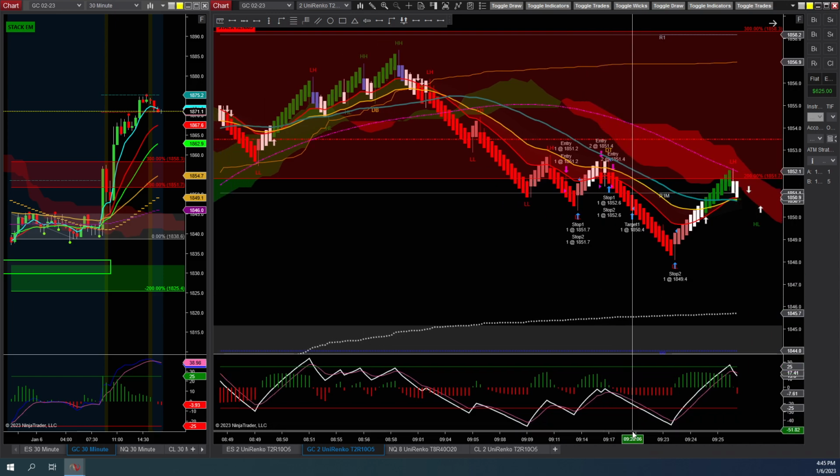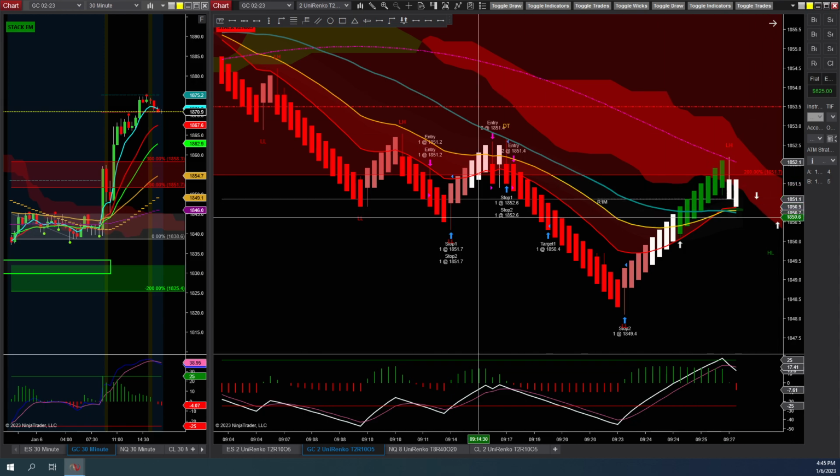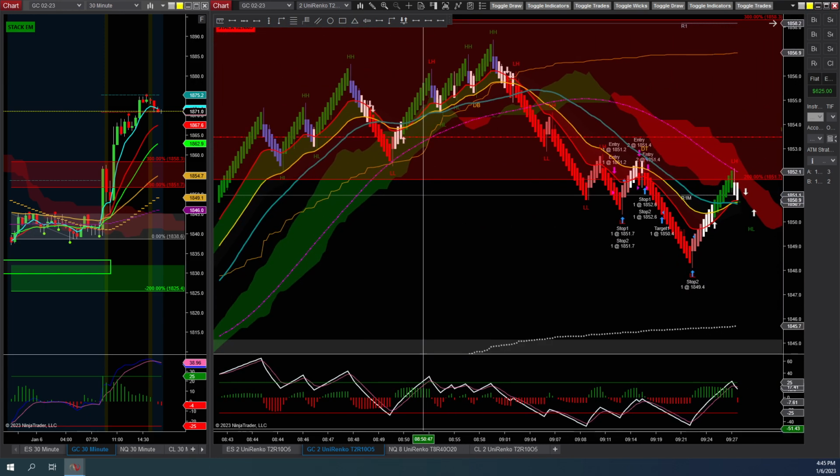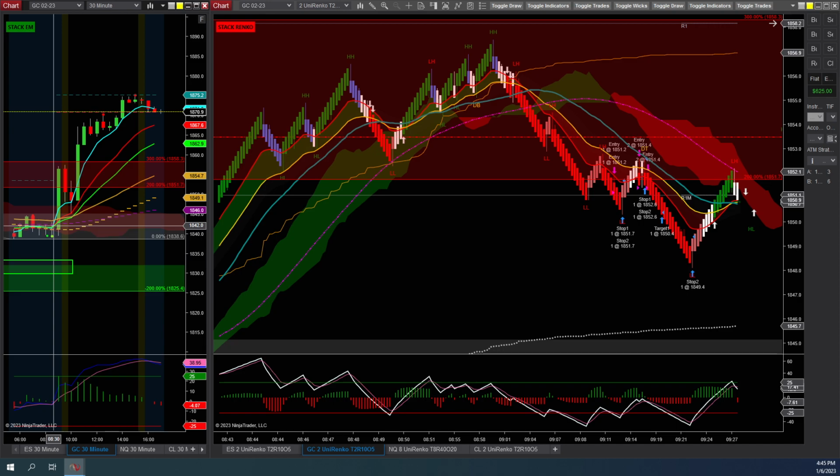So okay, let's review these entries. I'm going to start with the 30 minute chart. You see that before the market opened, there was some news. Market moved to the upside.